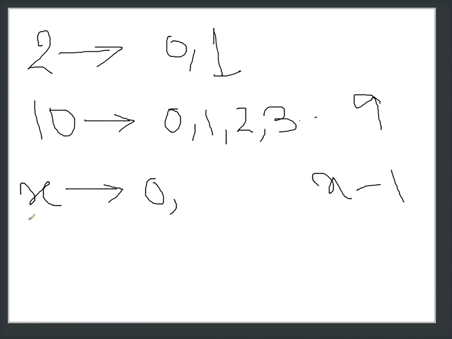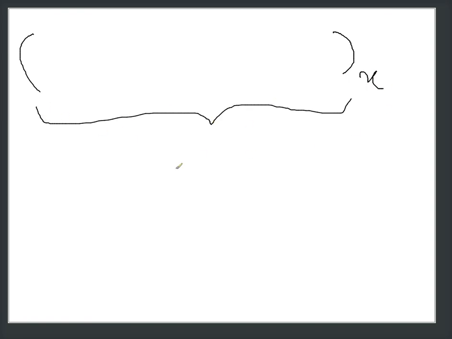And so I'm trying to generalize this. Let me take a new page. If I say I have a number which is base x, having n symbols, the largest quantity that this particular position can hold is x minus 1.